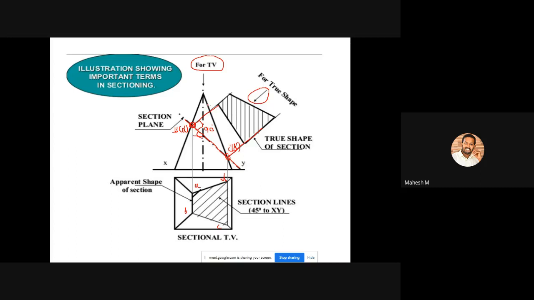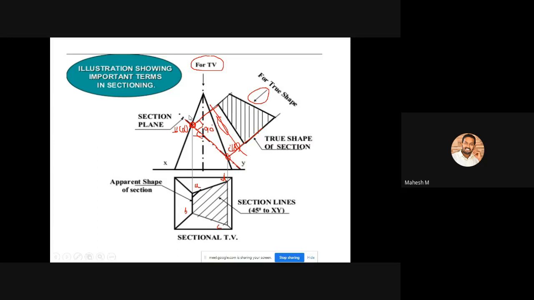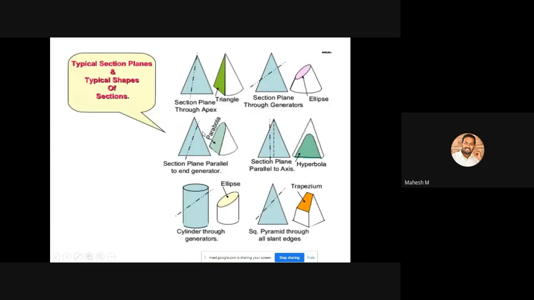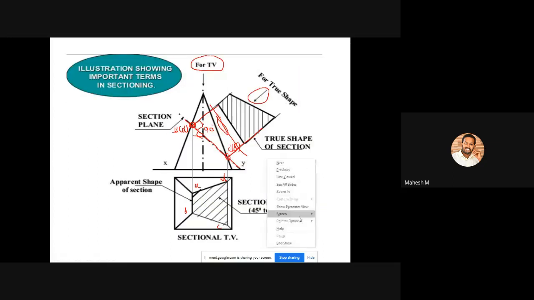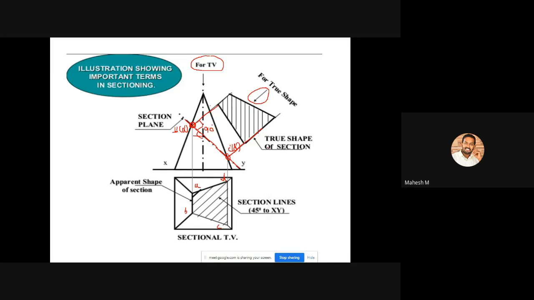This particular line should be parallel to your sectional plane. Okay, I'm going to erase this line right now. I will discuss this imaginary line in our problem. Assume that you have created an imaginary line.